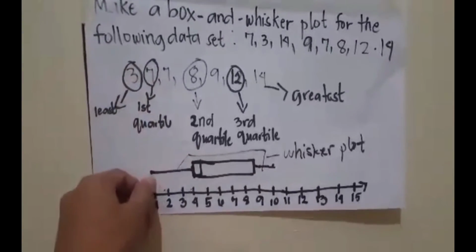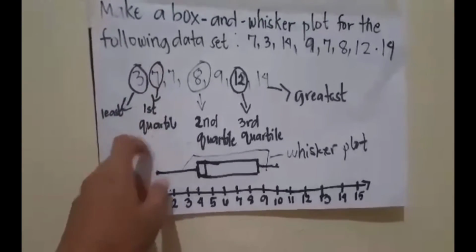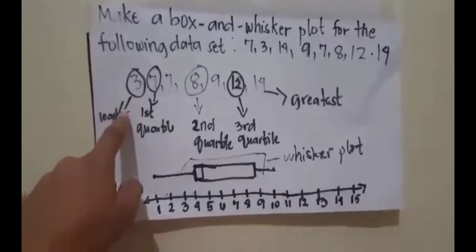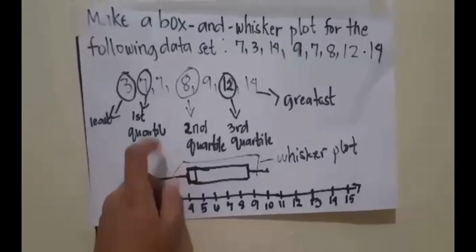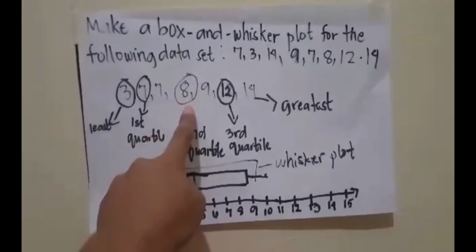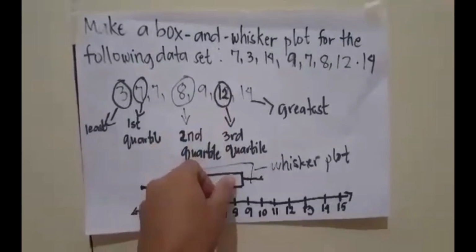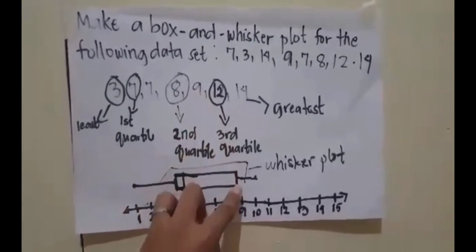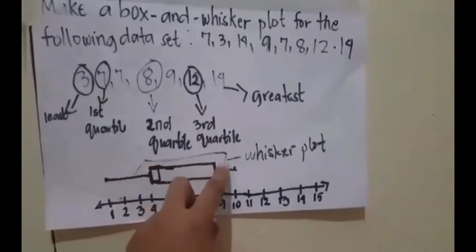Diba, this dot here is the first quartile, from here in the list, this dot here. Then, ito namang dito is first quartile. Next here is the second quartile, which is number 8. Then, this last line here is 12. That is the third quartile. Then, I'll make it a box. I connect it like that.